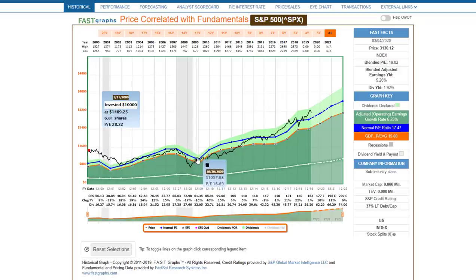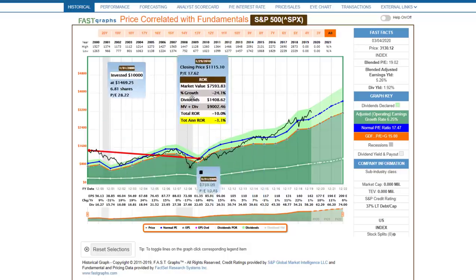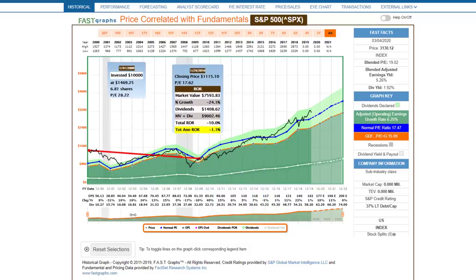And consequently, if I carry that out to the end of 2009 or the beginning of 2010, which is what I showed in the written portion, you can see that we had what has been referred to as the lost decade. The S&P 500 actually generated a negative 1.1% rate of return, which included dividends. That was a 24% negative growth.